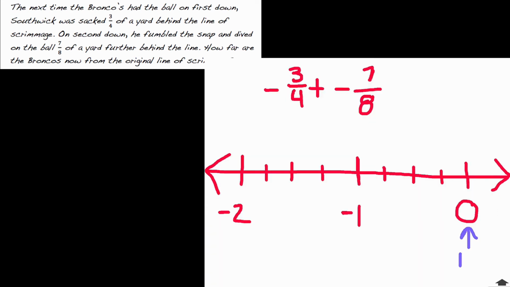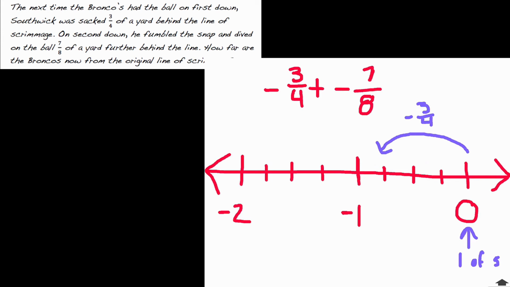Here's our line of scrimmage, and we are going to move back 3/4 of a yard. Okay, so that's how far back they moved on first down.